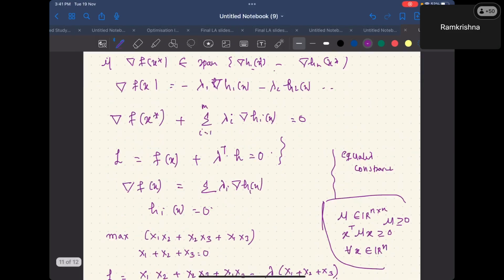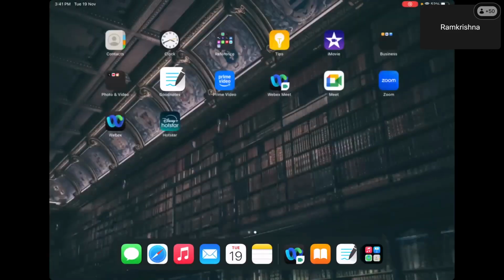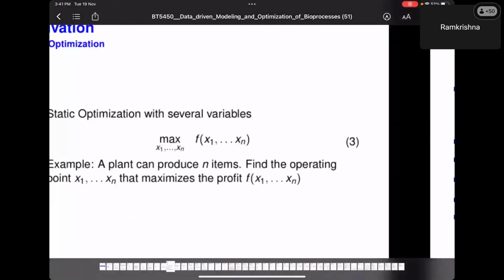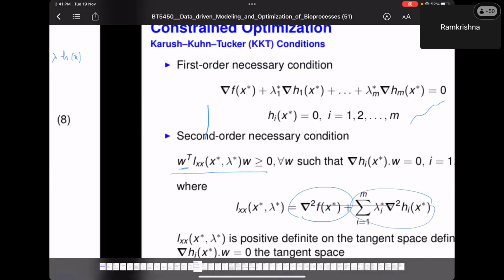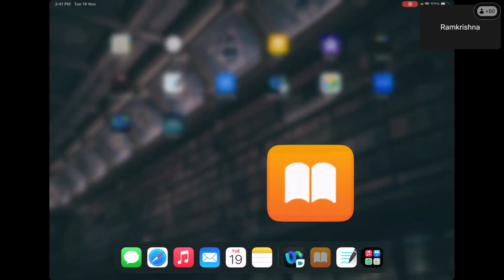Okay, so there was another example. Let's do whatever we were having here. We'll just do the example and see where we are on this.